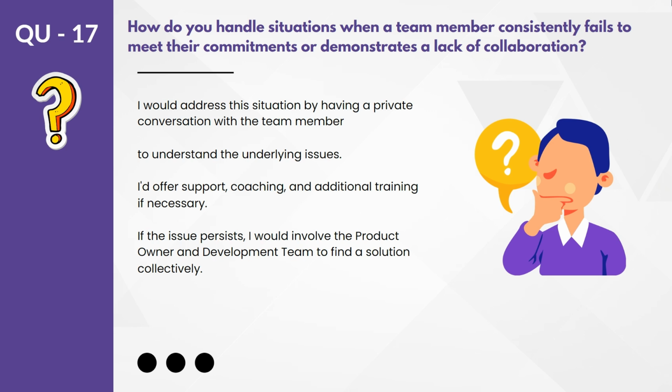In that situation, the moment the Scrum Master identifies it and starts taking action to have a private conversation with the associate, I personally think the Scrum Master should definitely raise that point also to all the stakeholders.